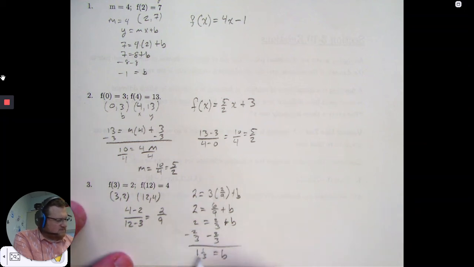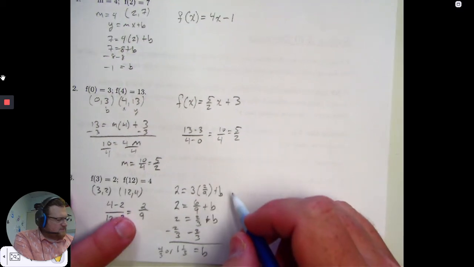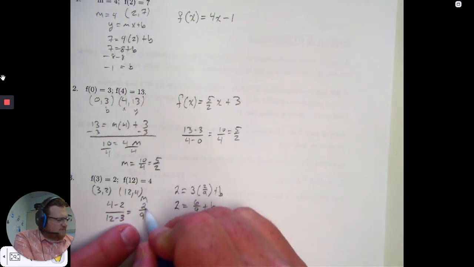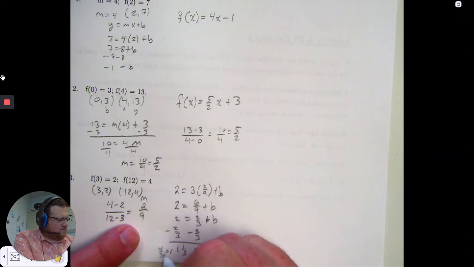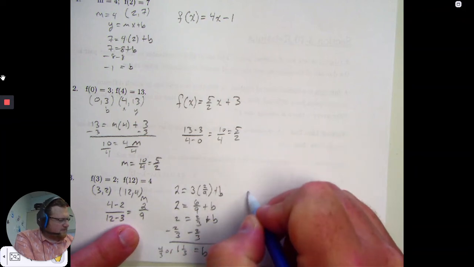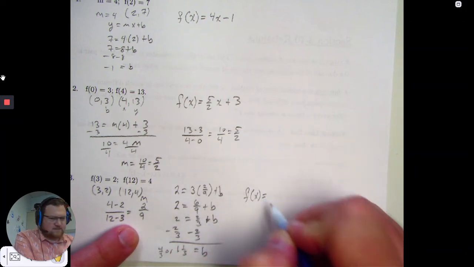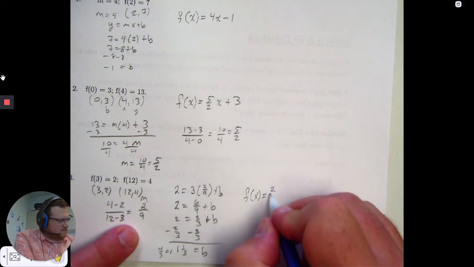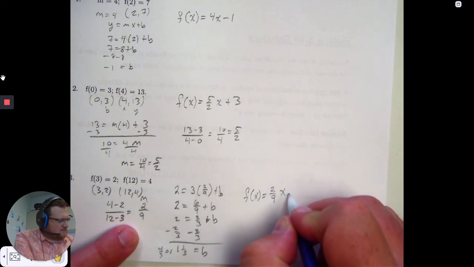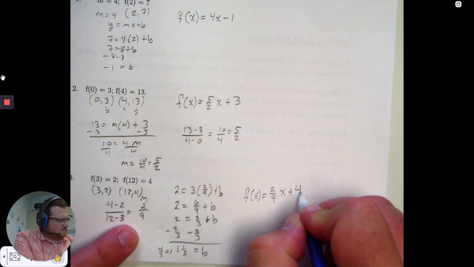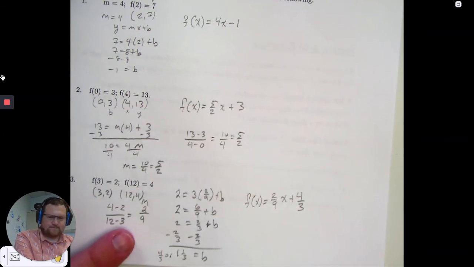You could also leave that as 4/3. Either one is acceptable. I don't really care which way you prefer. So then we have a slope of 2 over 9, and we have our b value as 4/3 or 1 1/3. So f of x equals 2/9 x plus 4/3.